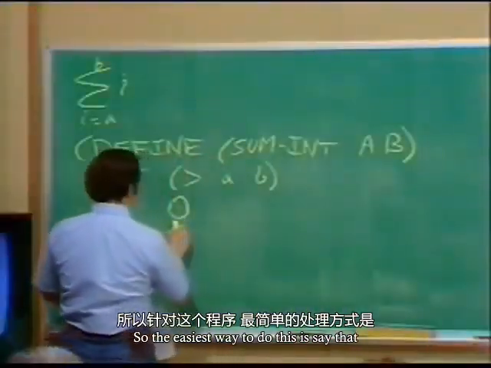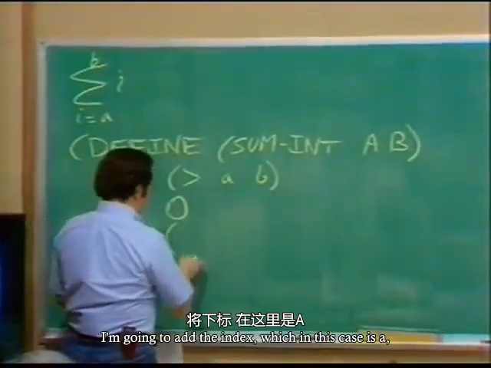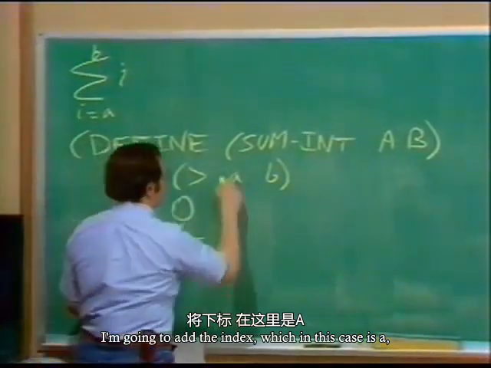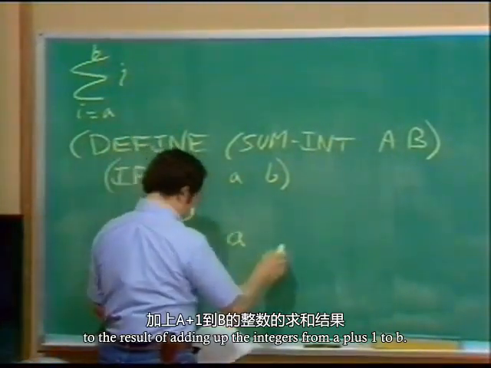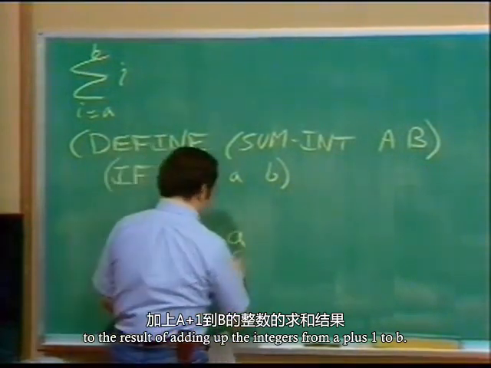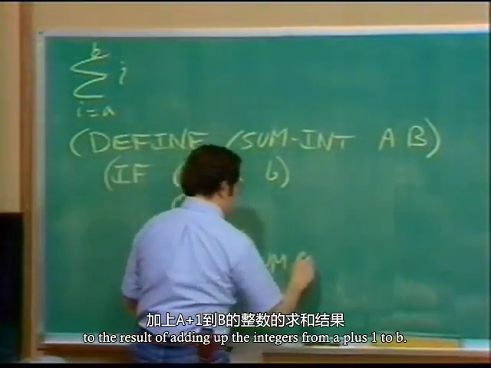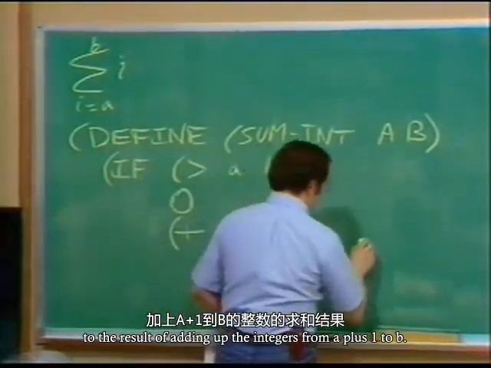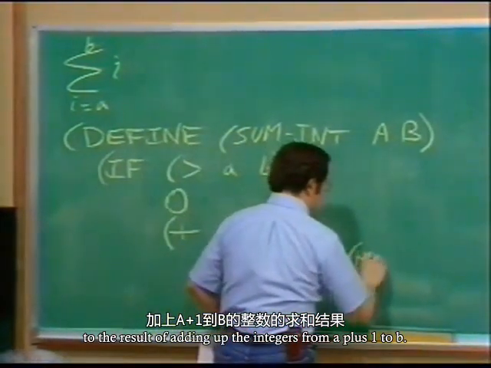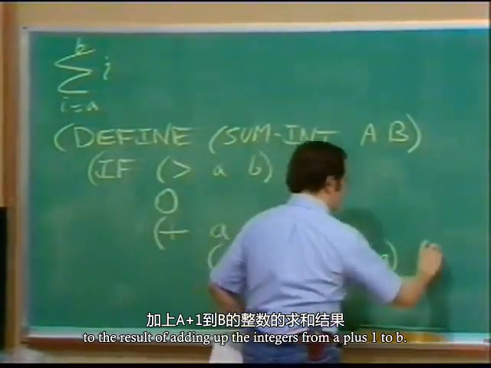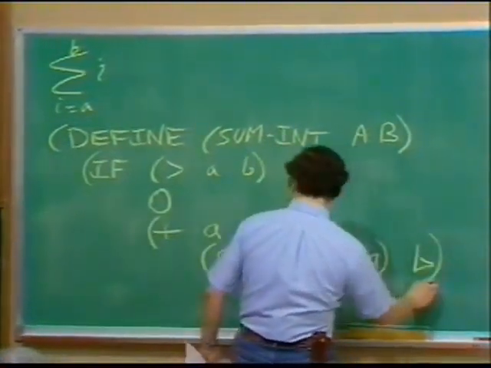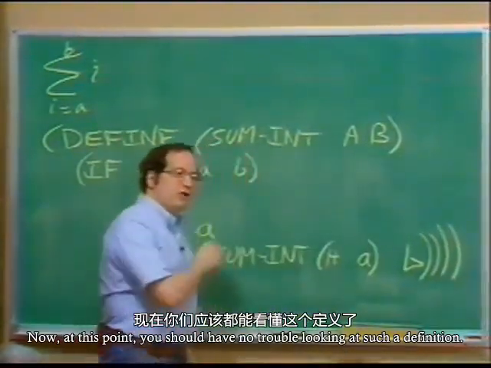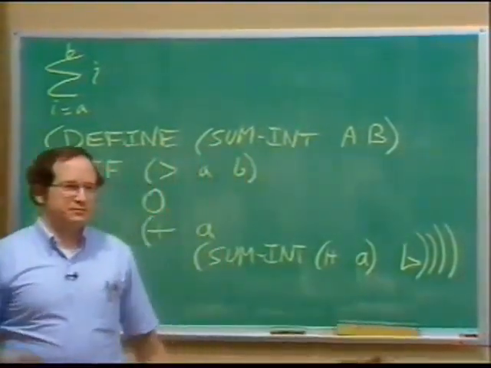So the easiest way to do this is say that I'm going to add the index, which in this case is A, to the result of adding up the integers from A plus 1 to B. Now at this point you should have no trouble looking at such a definition.